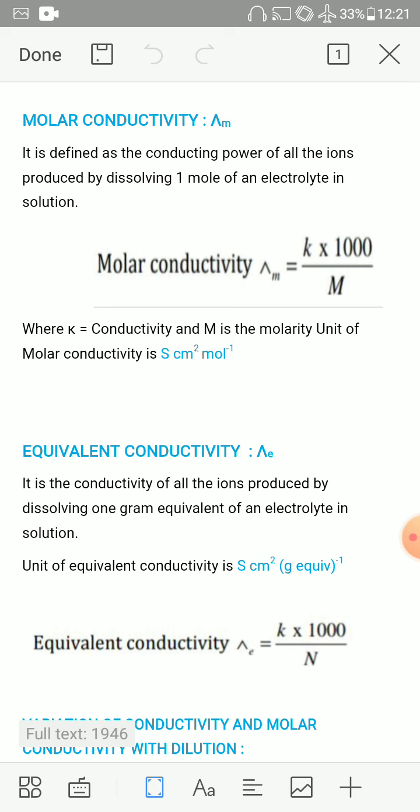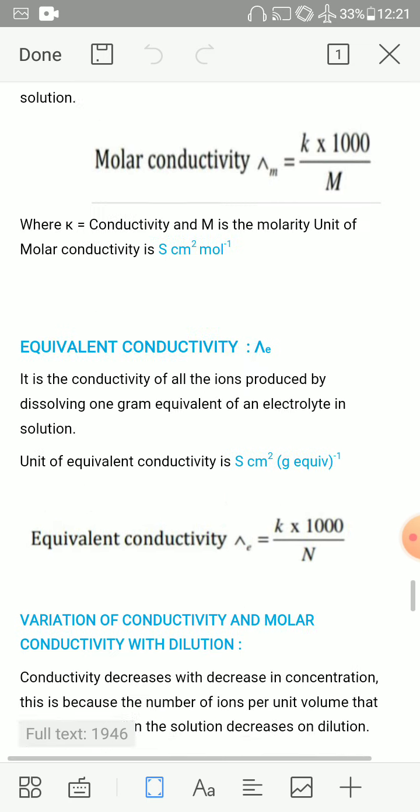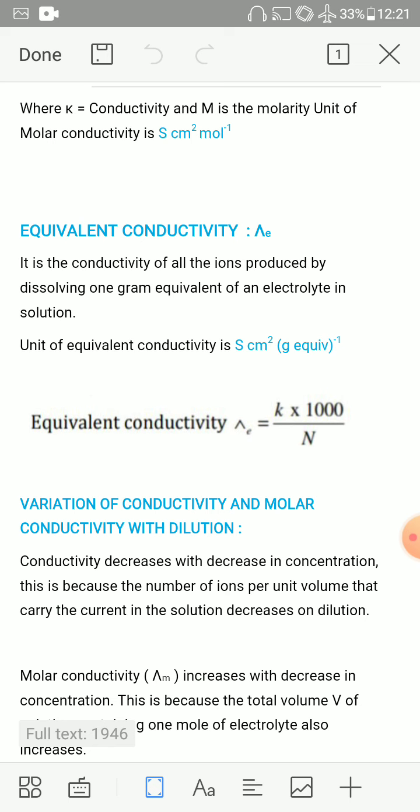Similar to molar conductivity, equivalent conductivity has a formula: lambda E is equal to kappa into 1000 by n, where kappa is the conductivity and n is the normality of the solution.